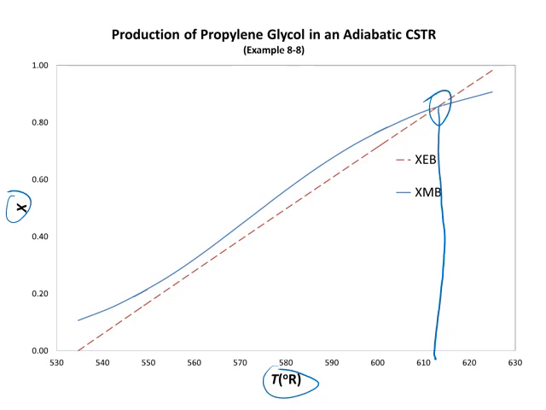So if you put this value of T into XMB or XEB, they will both give you the same value. Tamam? So that's the solution. That's the resulting temperature and conversion.